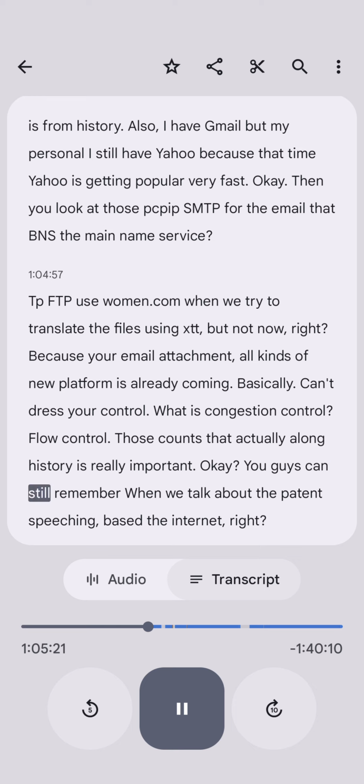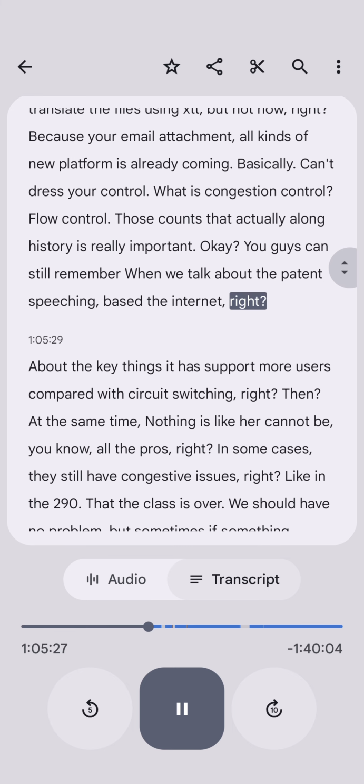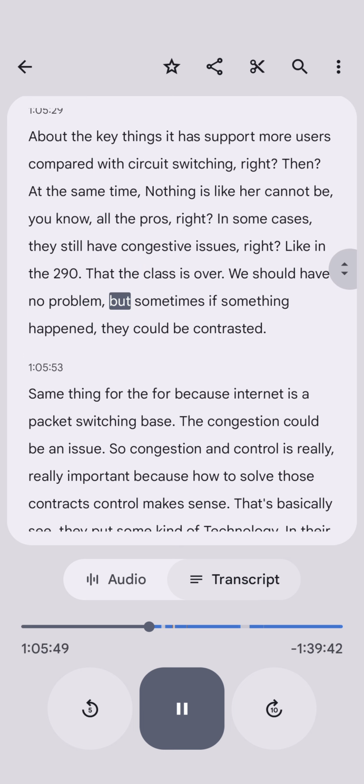Okay, you guys still remember when we talked about the packet switching based internet, right? The key thing is it can support more users compared to circuit switching, right? Then at the same time, nothing is all pros, right? In some cases, they still have congestion issues, right? Like in the 290 class, when the class is over, we should have no problem.